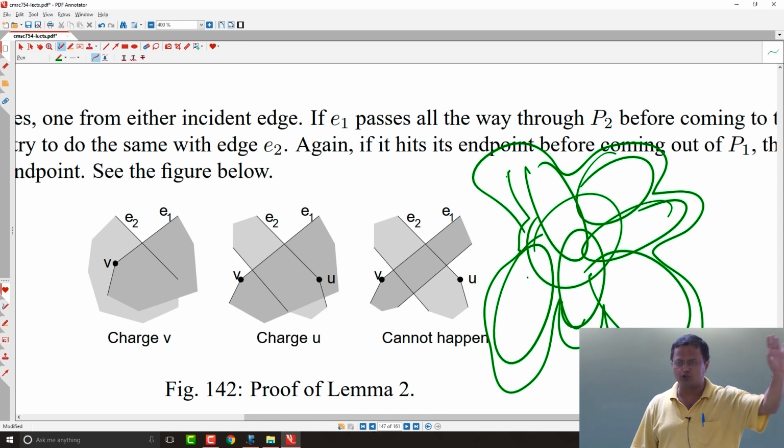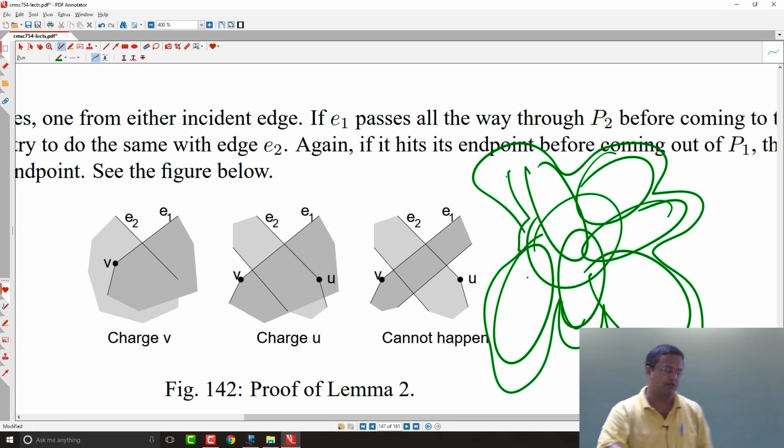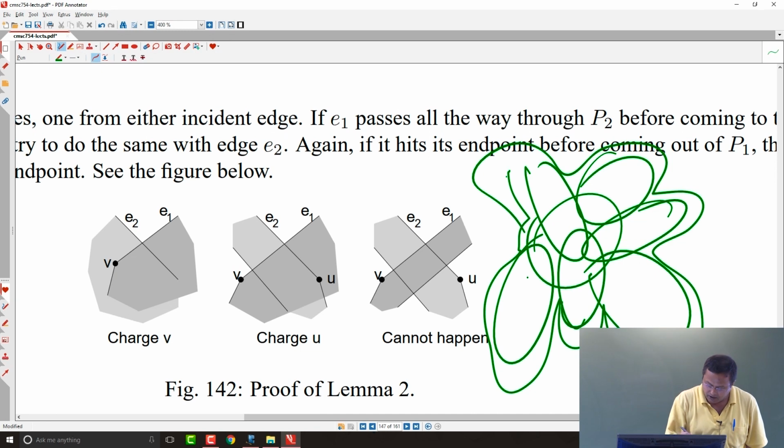These vertices are easy to count, there will be at most n many of them, forget about it. Look into the other ones. In the other ones, what can happen? So, this is this intersection that I have to count, E1 is one edge, E2 is another edge. What can happen is E1 can cut E2 and go into another pseudo disk, fine.